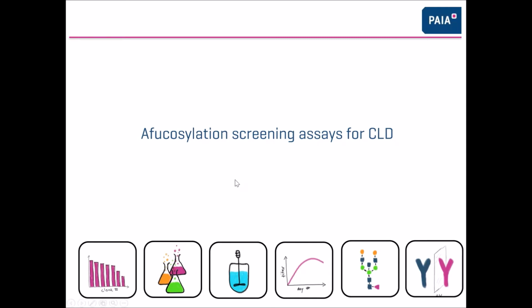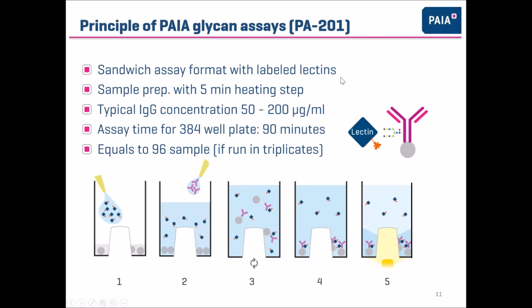And I want to start with one slide that I guess several people in the audience have already seen, so sorry for that. So this is the principle of our PAIA PA201 assay.